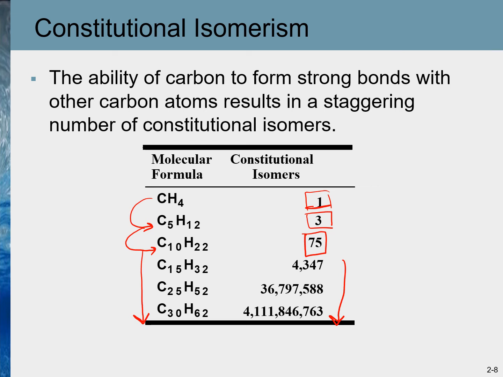In fact, for the last one, the 30 carbon long chain, the number of possible constitutional isomers is more than 4 billion. So even for a small number of carbon and hydrogen atoms, a large number of constitutional isomers are possible. Now, because constitutional isomers have different chemical properties, a rich diversity of chemistry is possible within these sets.